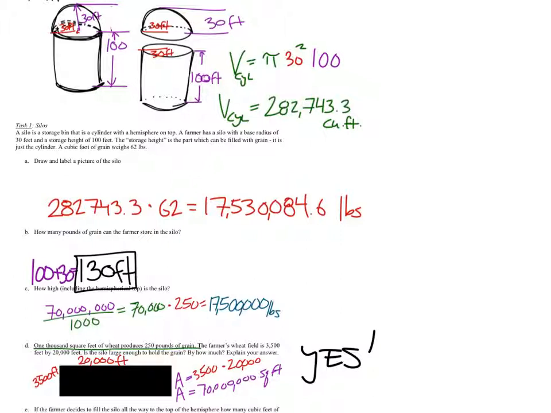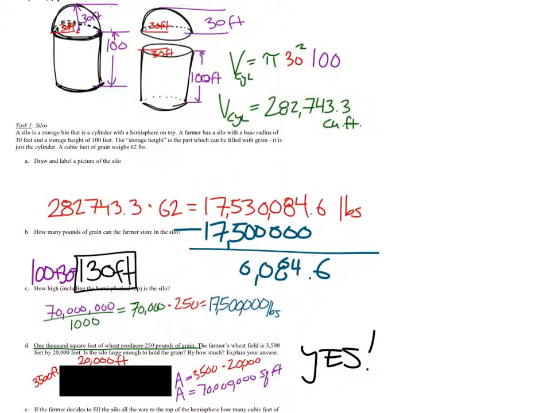So we have to figure out what that is. We're going to subtract the 17,500,000 pounds, and that would give us 30,084.6 pounds. That is how many more pounds we could fit into the silo. And we explained our answer by showing our work.